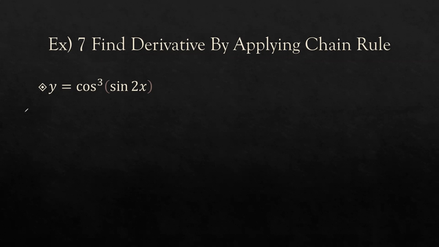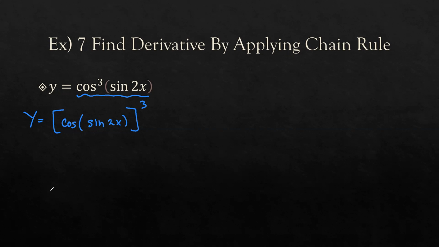So to make your life easier, I'm going to rewrite this. This problem right here is equivalent to saying bracket, cosine, parentheses, sine 2x, parentheses, bracket, and then to the 3rd power, right? Okay, so let's apply the chain rule.